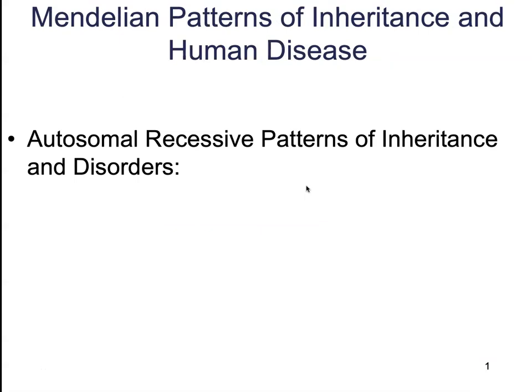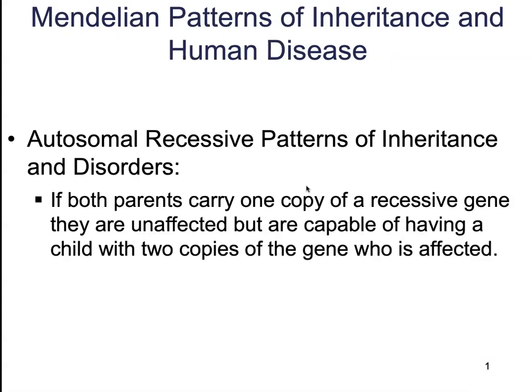So, autosomal recessive disorders and patterns of inheritance: if both parents carry one copy of a recessive gene, they are going to be unaffected, but they are capable of having a child with 2 copies of the gene who would be affected.